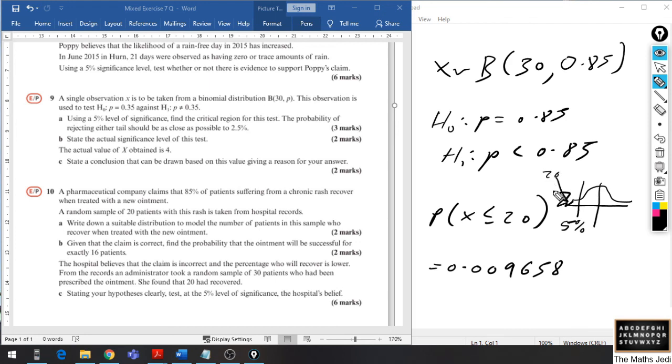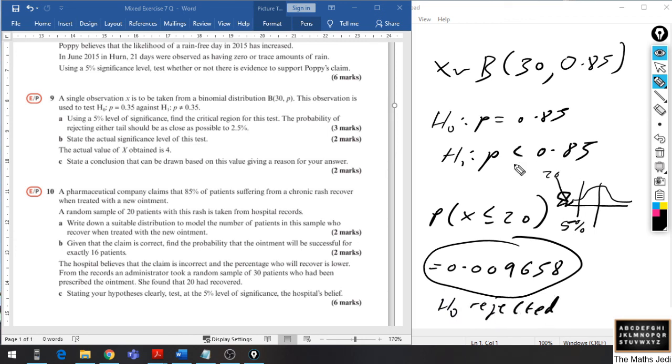So very much lower than 5%. It's 0.9%, so it's really in there. So that would mean that H0 is in fact rejected, and H1 is accepted. So that's important to do that at the end there. And that would end that particular topic.